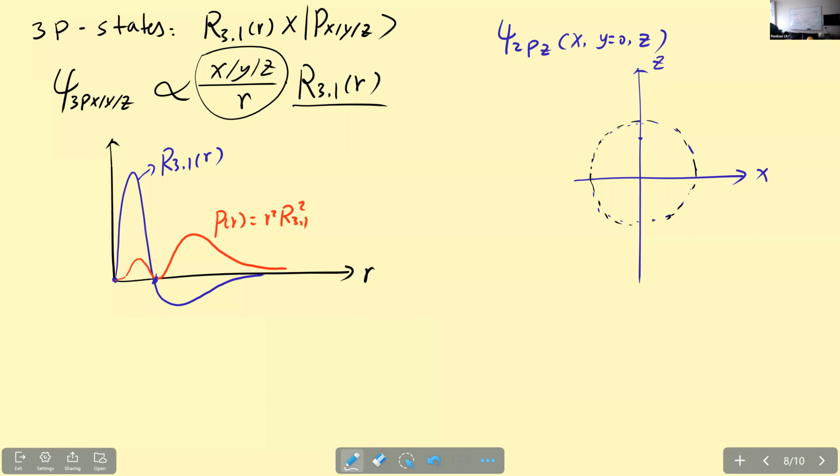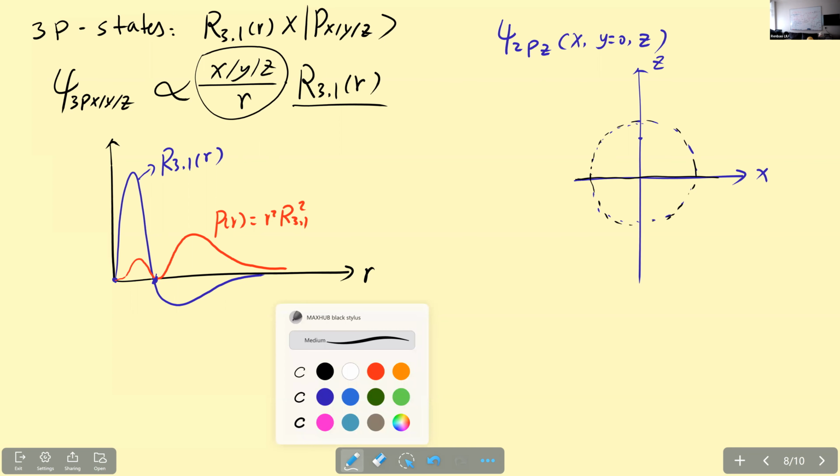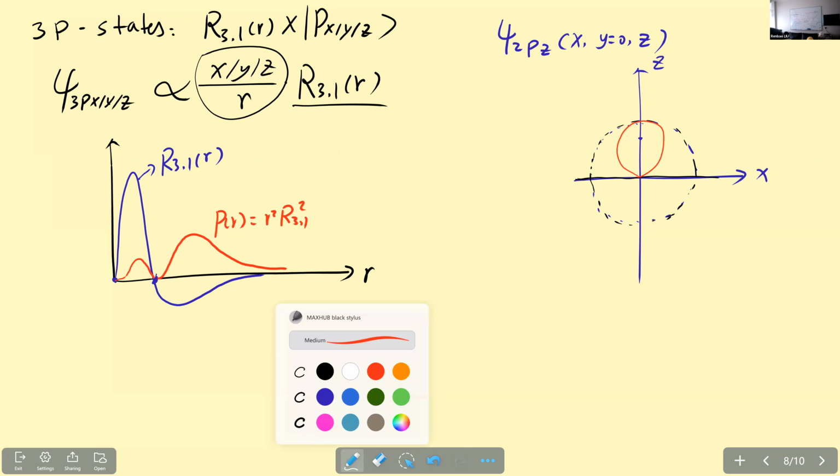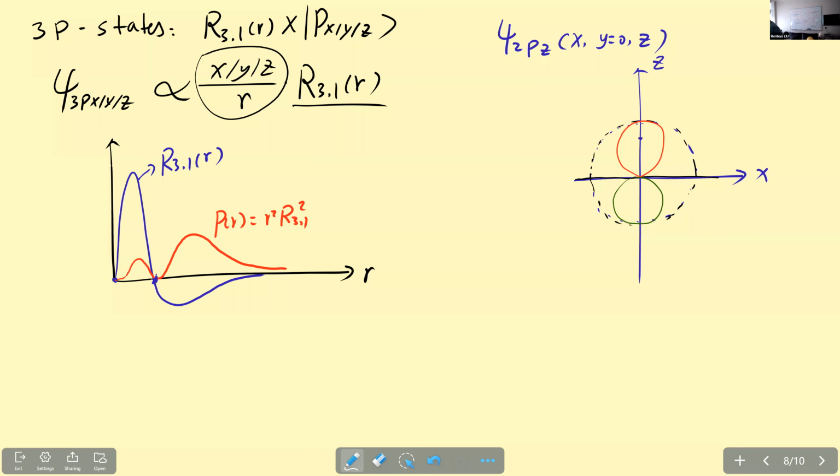But we also know that for the p states, this should also equal 0. So if you look at the wave function, it's going to be something like this, and then you're going to change the sign. This one is negative, and this one is positive.